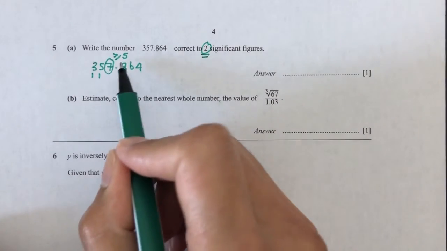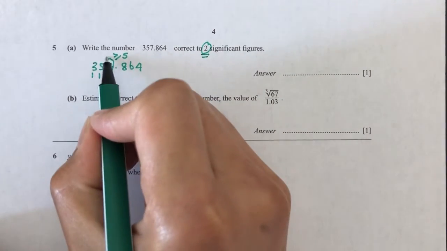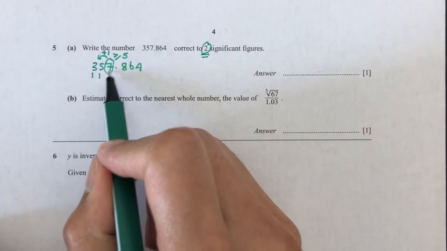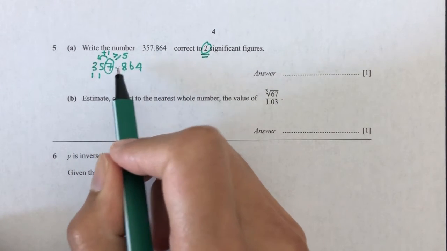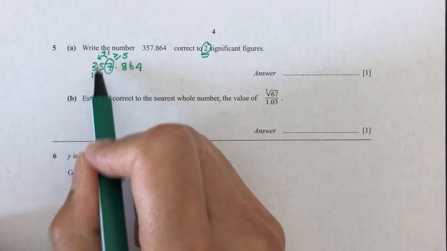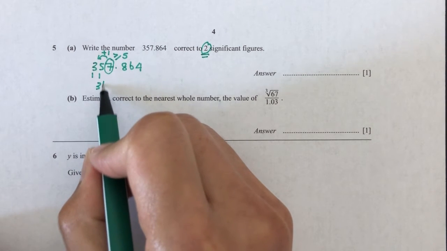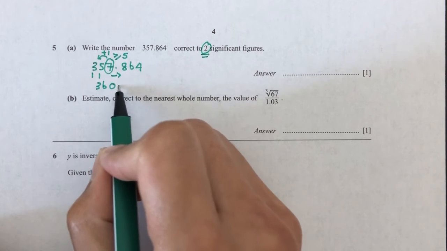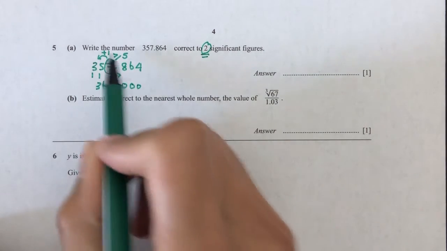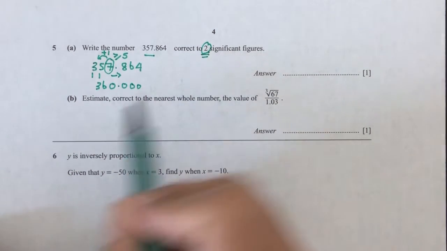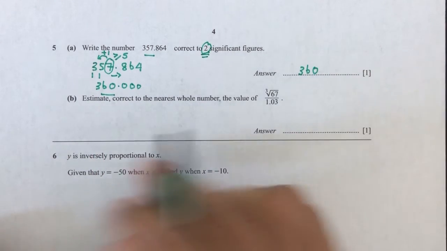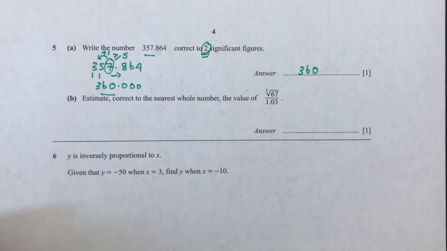If yes, we add 1 to the first 2 numbers. Here we have 7, so it is bigger than or equal to 5. So we add 1 to 35, which becomes 36, and the rest after that becomes 0. So the number correct to 2 significant figures is 360 for part A.